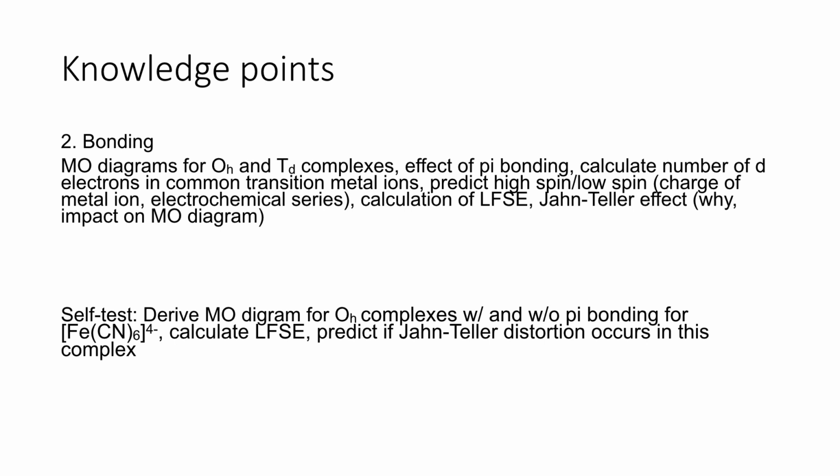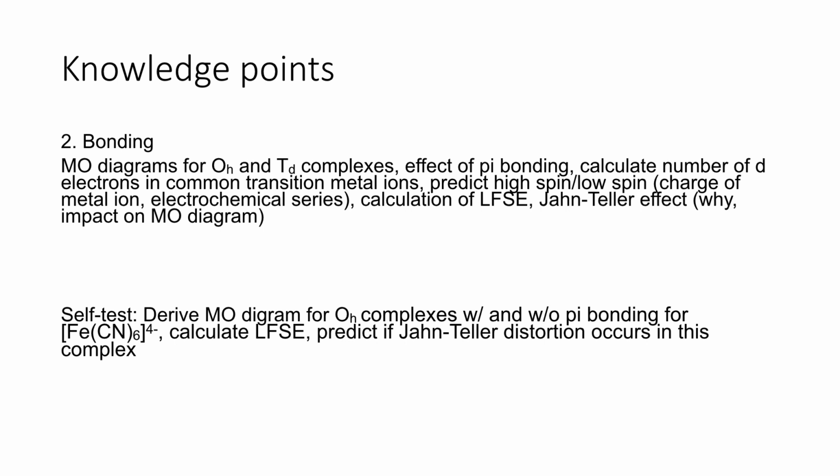Either way, you should be able to calculate ligand field stabilization energy. Again, there are two different scenarios. Oh is completely the opposite of Td. Oh has the non-bonding level being t2g, with three d orbitals there, and eg star having two levels being antibonding.